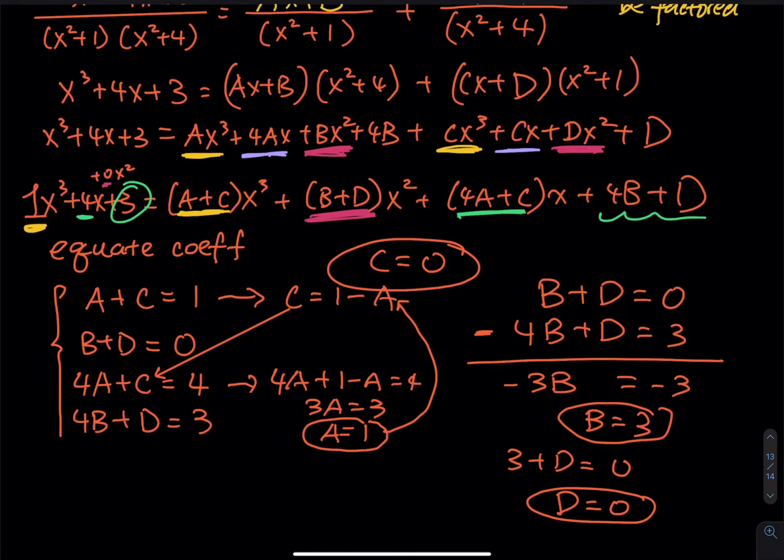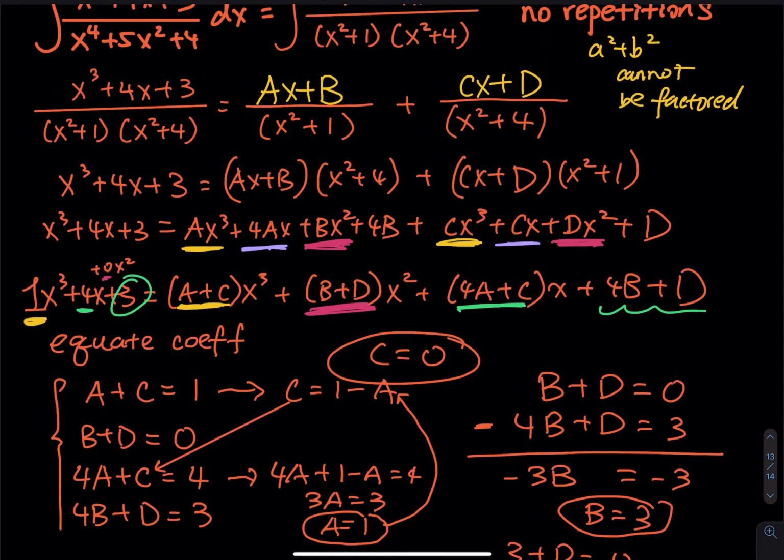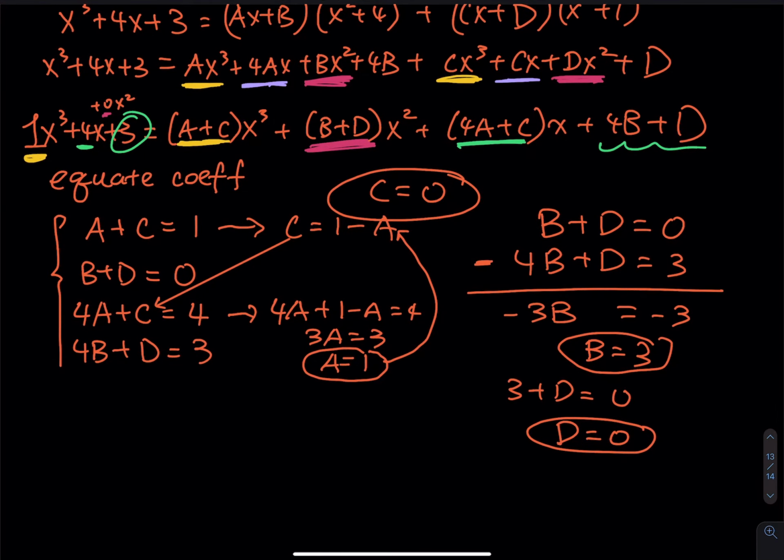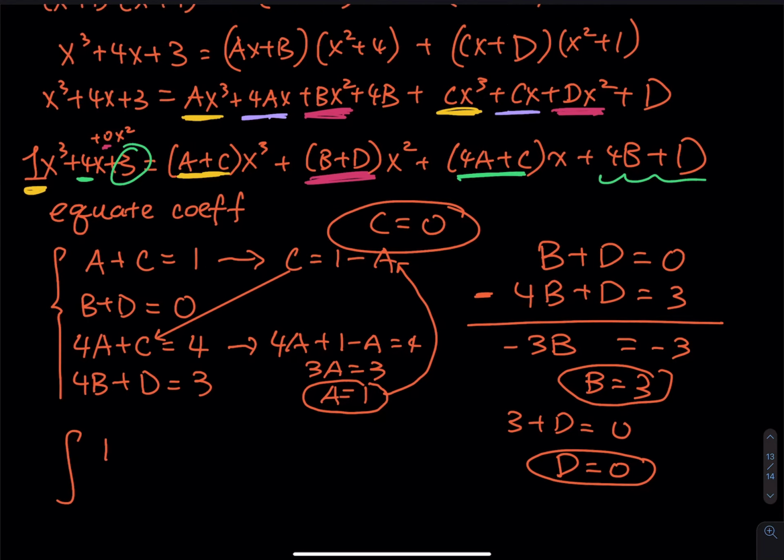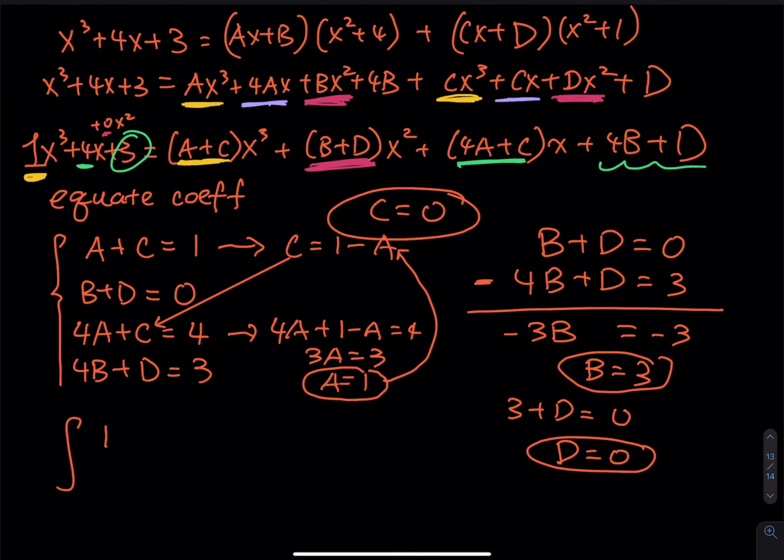Okay, let's plug it into where? Back to the top, the ax plus b, and then we integrate. All right, let's do the plug-in. So we have the integral, plug in the ax. a is 1, ax plus b, so we have x, b is 3.